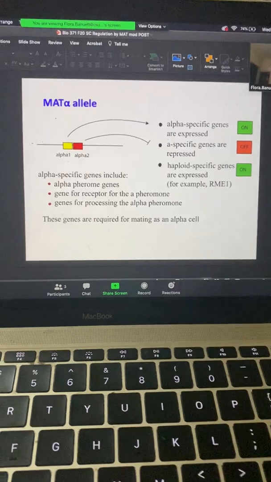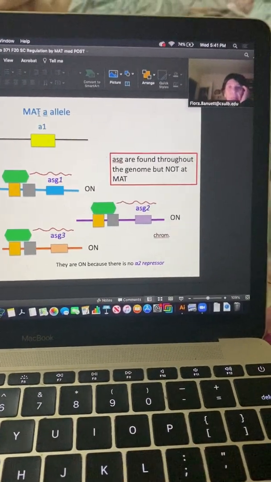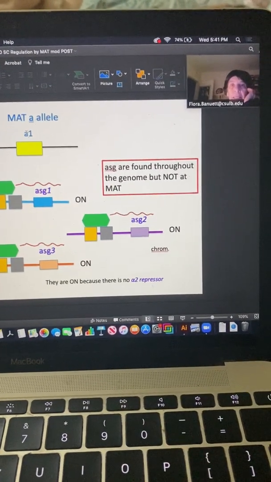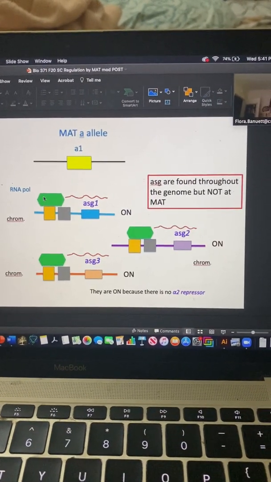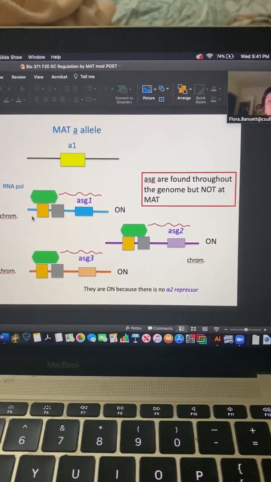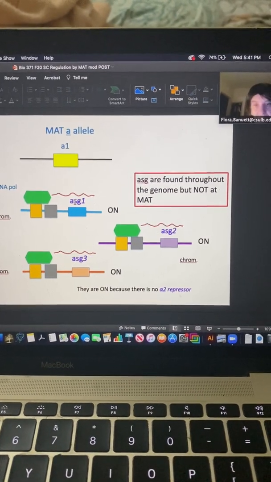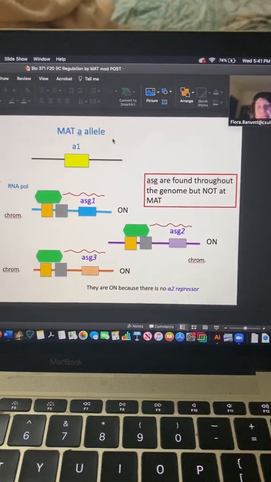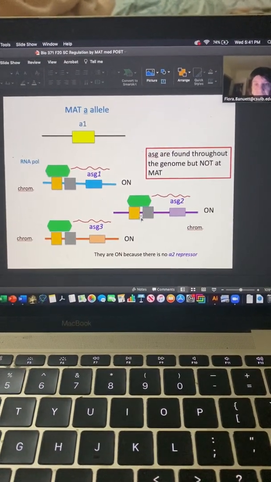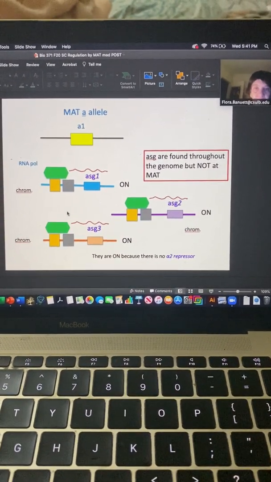To make this story complete, you have the A allele, which has one gene, A1, but this gene doesn't play a role here. You have the A specific genes. Remember, these were repressed in the alpha cell, but now we are in an A cell. You do not have the alpha 2 repressor.